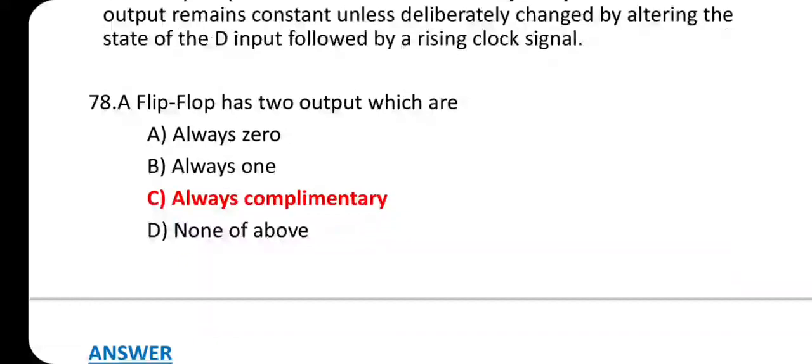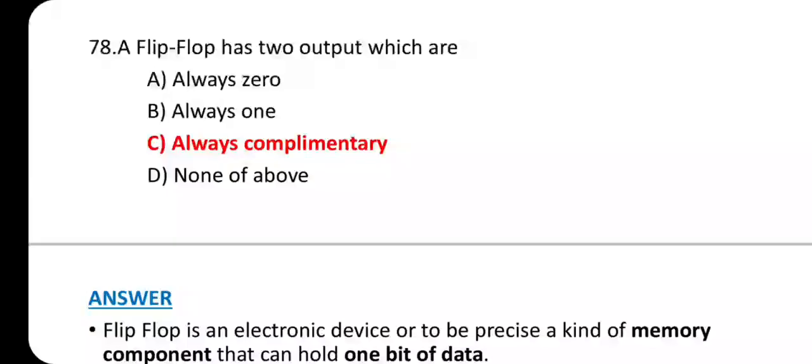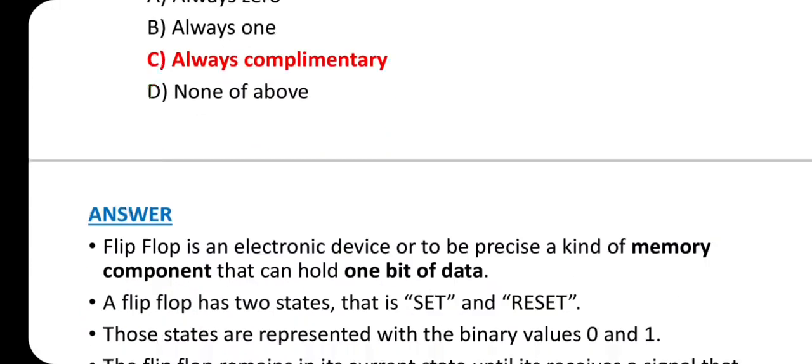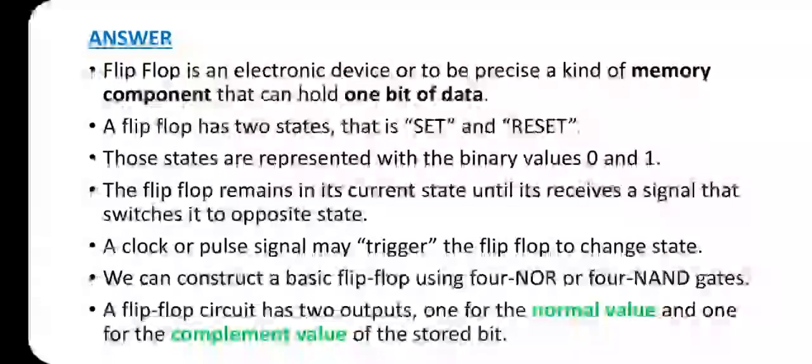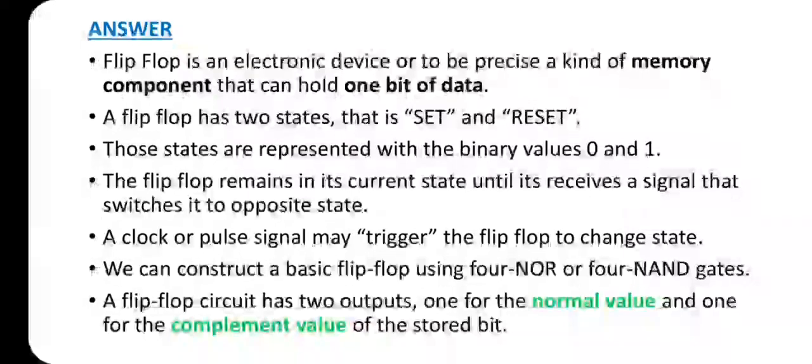Question number 78. A flip-flop has two outputs which are, answer is option C, always complementary. A flip-flop is an electronic device, or to be precise, a kind of memory component that can hold one bit of data. A flip-flop has two states, that is set and reset. Those states are represented by the binary values 0 and 1.